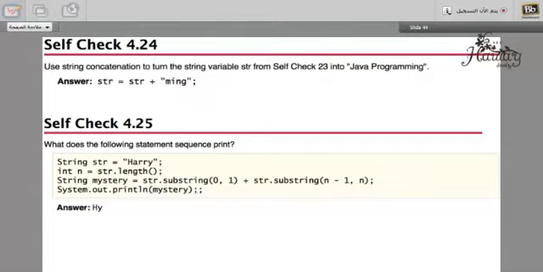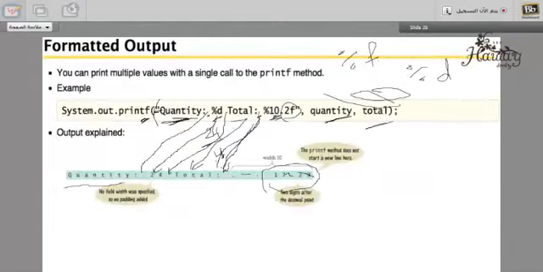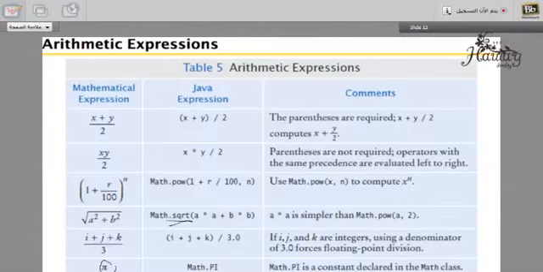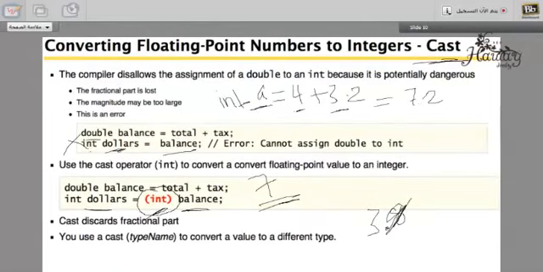Yeah, conversion. I said to you now, if you're doing an operation between a double and an integer, one double, one integer, the result has to be a double.